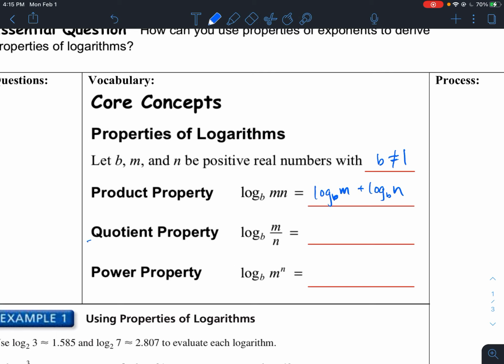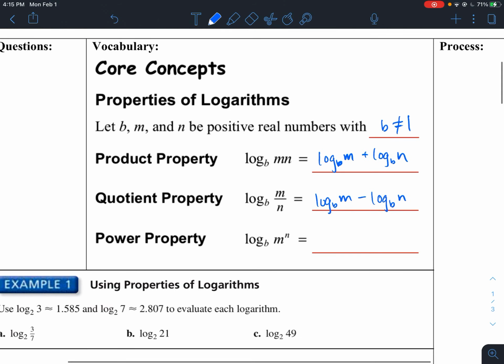Okay, now we have the quotient property, and quotient is division, so they have to be divided, and this is equivalent to log base b of m subtract log base b of n. Okay, these are equivalent statements. And last but not least, the power property.